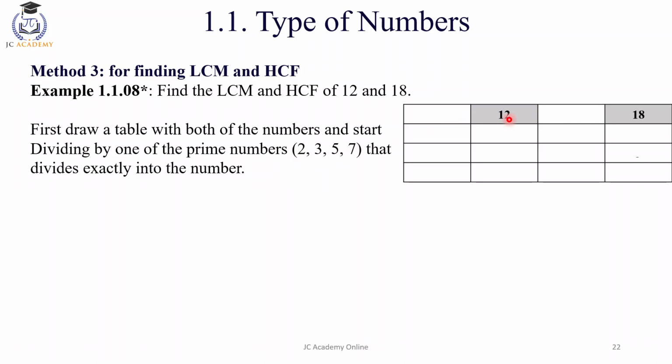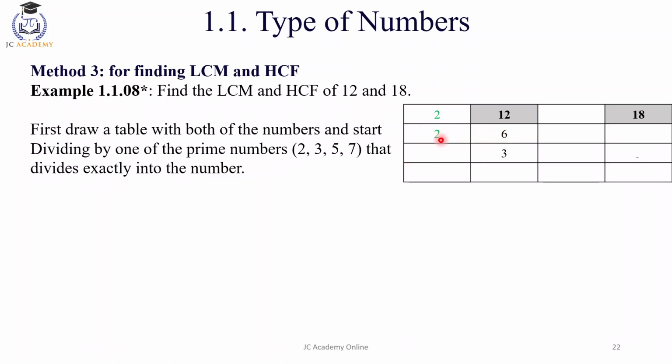So 12 divided by 2, we do that first. What do we get? Our answer is 6. Now we do the same thing again. What can we divide 6 by? Let's try one by one. Let's try 2 first. Does 6 divide by 2 exactly? Yes, it does.